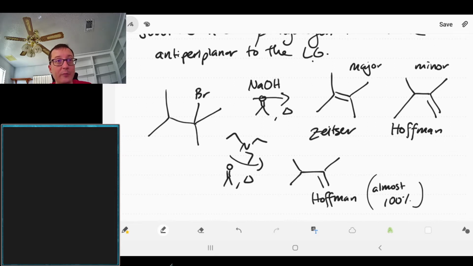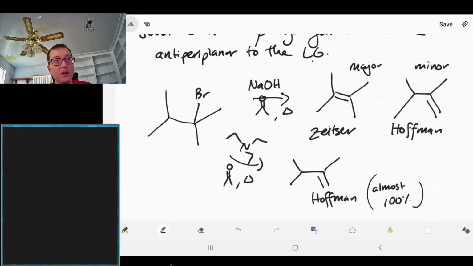I don't know the exact ratio you'd get of Zaitsev to Hofmann using hydroxide. Maybe it'll be like 75-25. But that's a mixture of products. Generally, we want to avoid those. So we're going to see that we can control where we end up having this depending on what our base is.